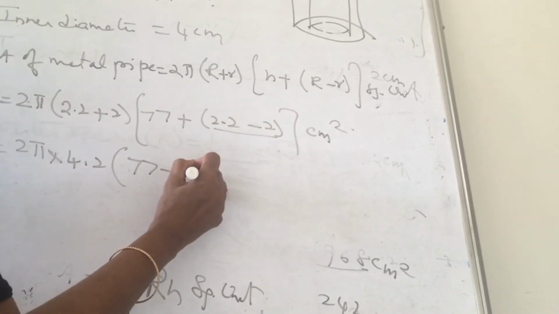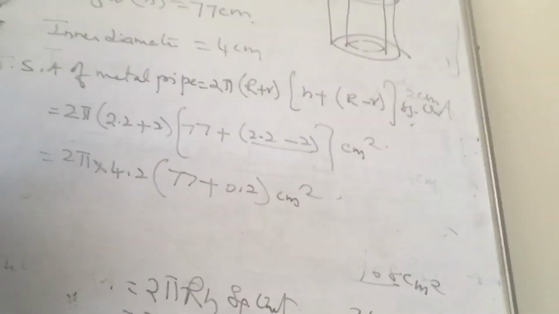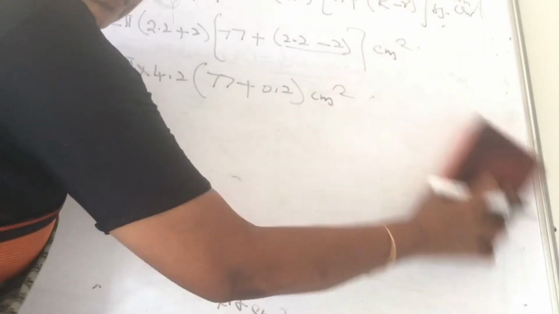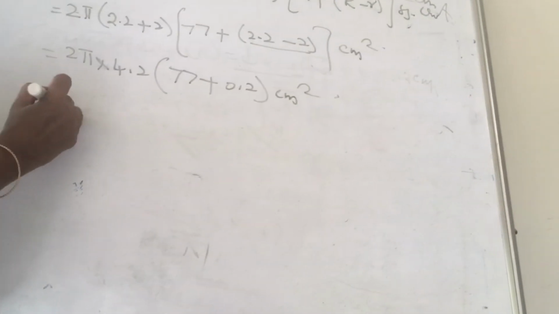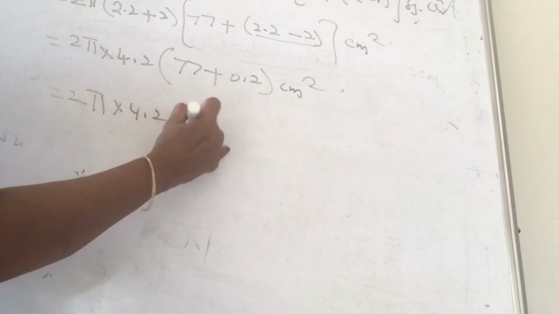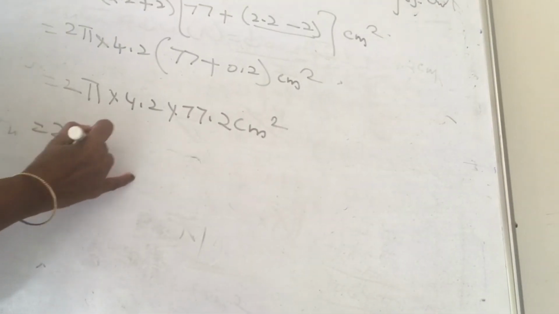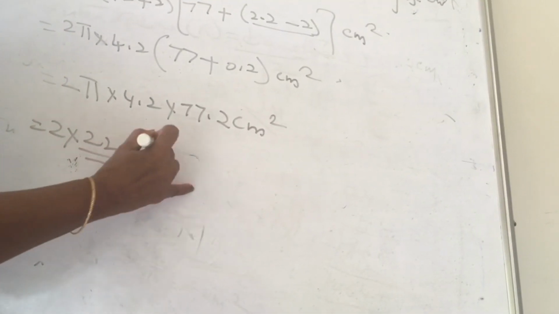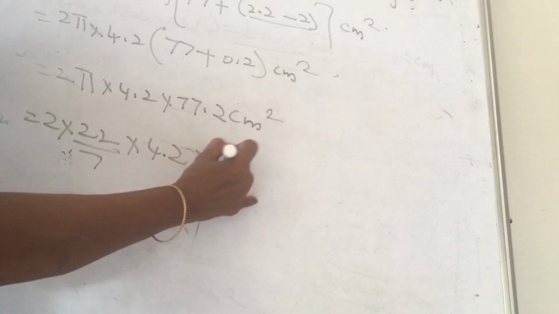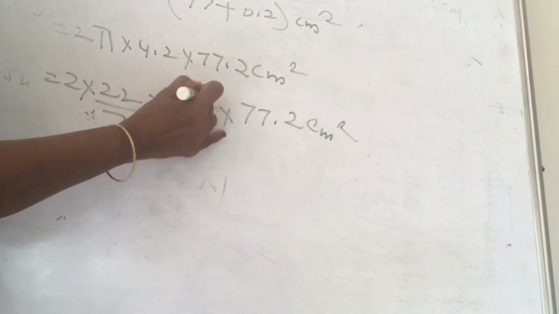2.2 minus 2 is what, children? Yes? 2 pi into 4.2 into 77.2 centimeters square. 2 into 22 by 7 into 4.2 into 77.2. Go for cancellation.